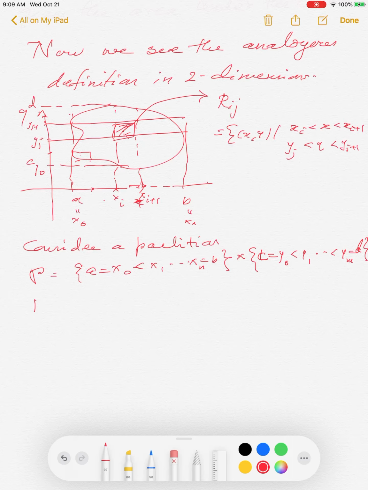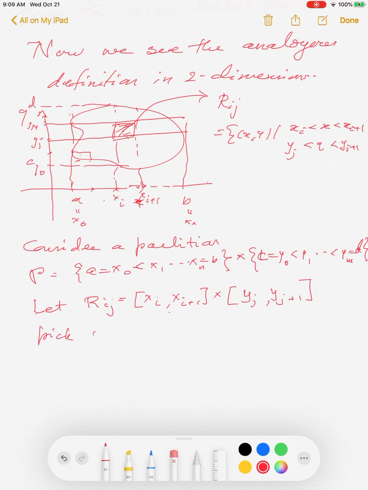And given a partition, as I indicated above, let R_ij be the interval x_i to x_{i+1} cross the interval y_j to y_{j+1}. Cross meaning you take ordered pairs. The first component of the pair comes from x_i to x_{i+1}, the second component comes from y_j to y_{j+1}.